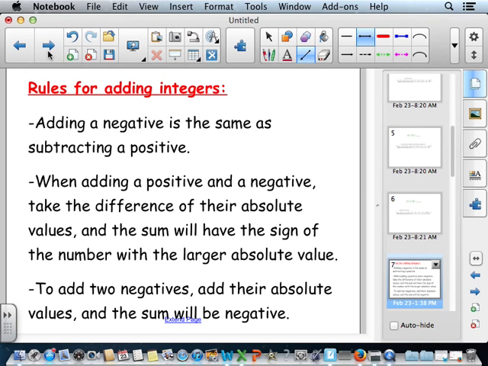I have a few rules for adding integers that can help me remember a simpler way than having to use the number line. First, I have adding a negative is the same as subtracting a positive.